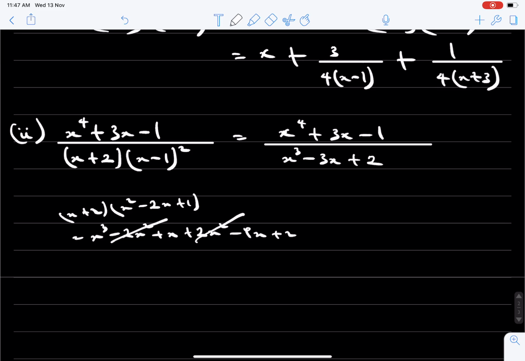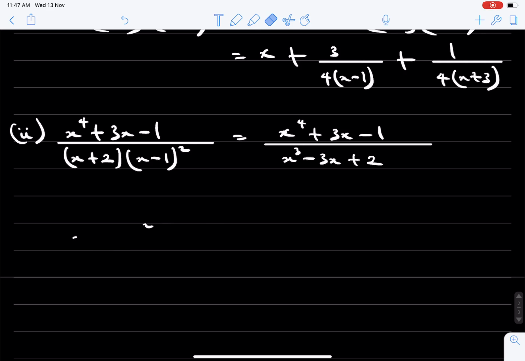Minus 2x squared plus 2x squared is 0, and that's x cubed minus 3x plus 2. So that's correct. The denominator becomes x cubed minus 3x plus 2 when it is expanded.